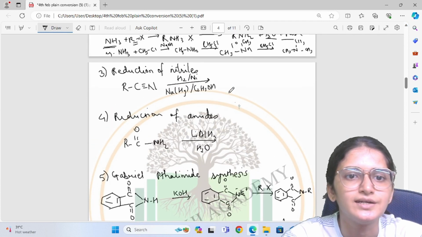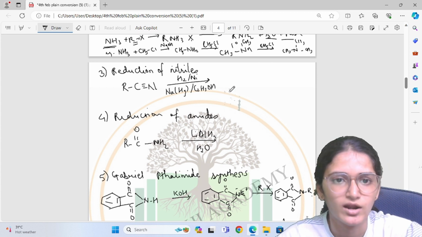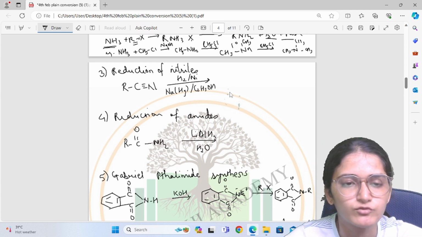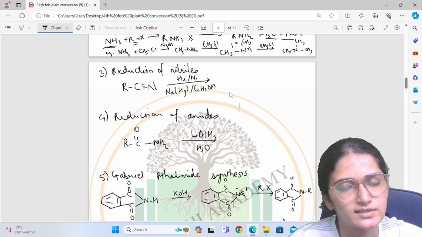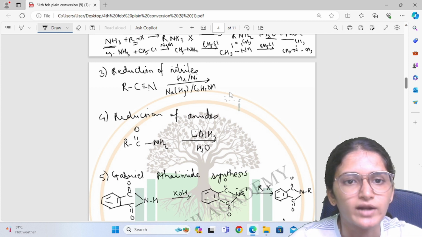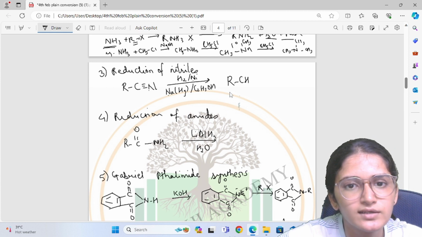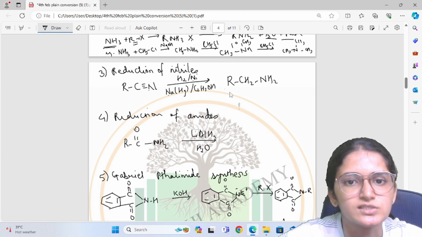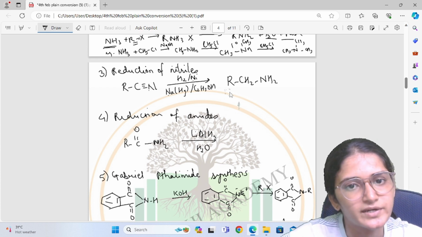Next reaction is reduction of nitriles. We all know what a nitrile looks like; the formula of nitrile is RCN. When we do the reduction of nitrile, like how we did with the nitro group, we carry out hydrogenation in presence of nickel, or sodium amalgam and ethanol, and we get RCH2NH2, a primary amine from the nitrile.